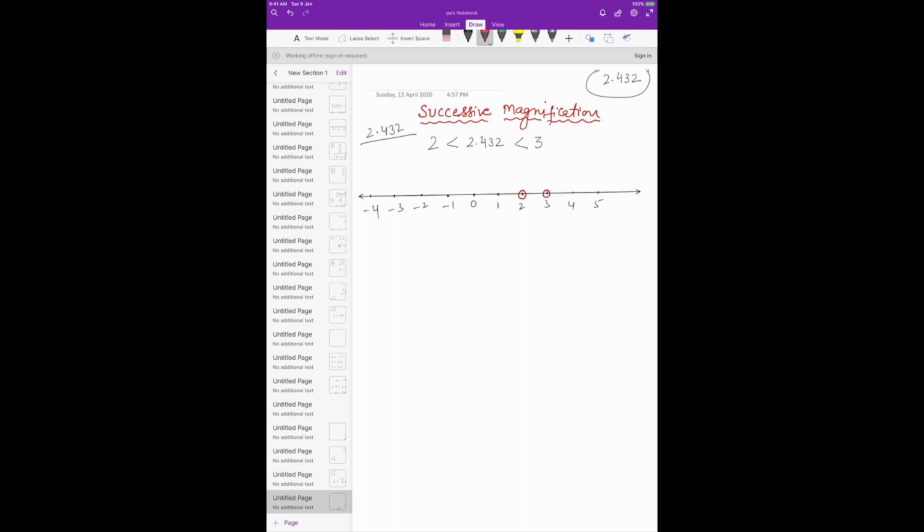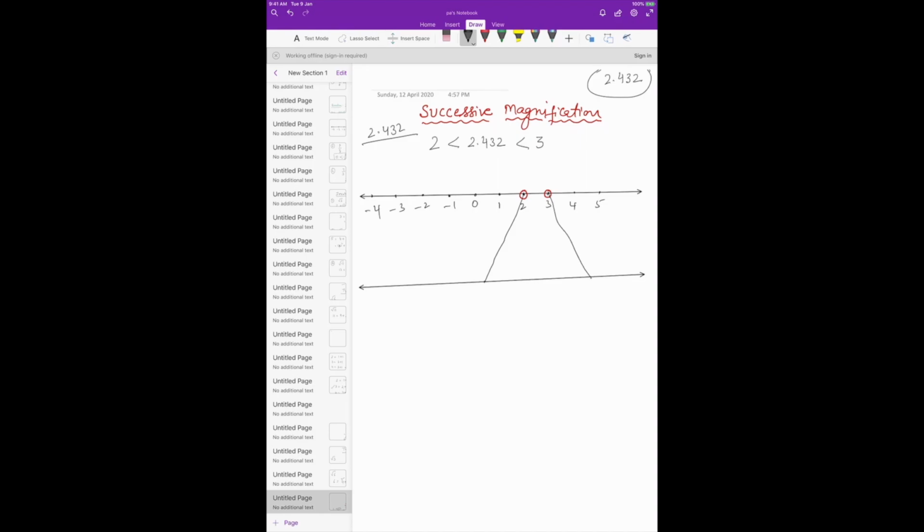And now we are going to magnify the portion between 2 and 3. As we use a magnifying glass, suppose we are keeping the magnifying glass on the portion between 2 and 3, and suppose we have magnified this area.